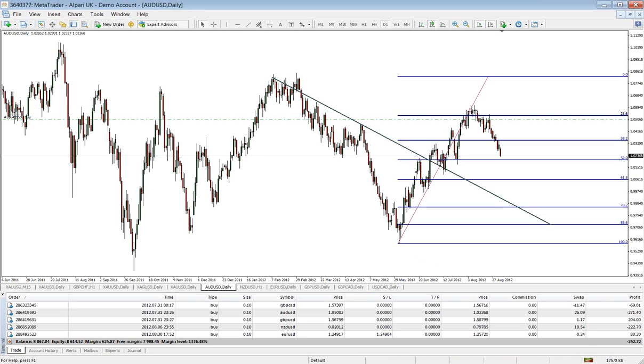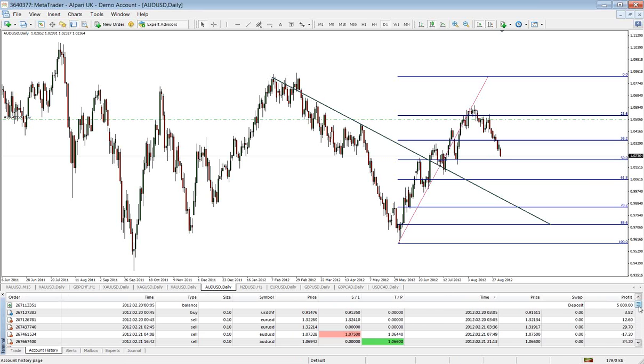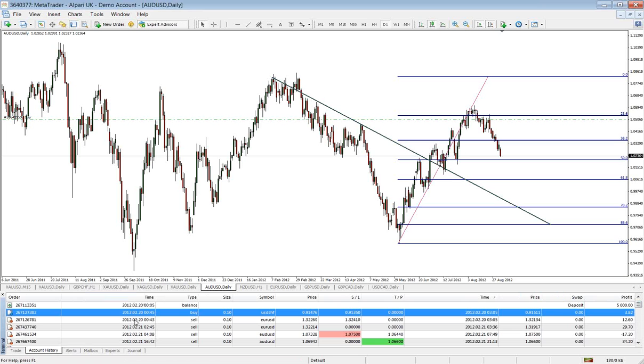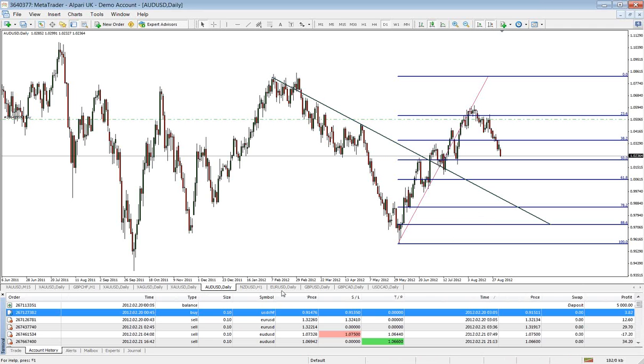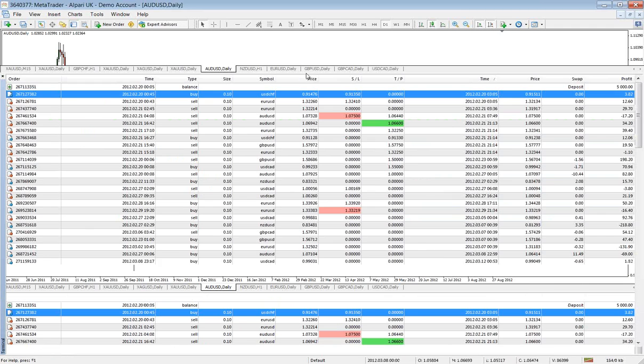So let's look at our demo account. This is the account that has been running for quite some time. You can see we had the first trade in February, so that's the history from February, and that's the performance here. Account history I can show you now.